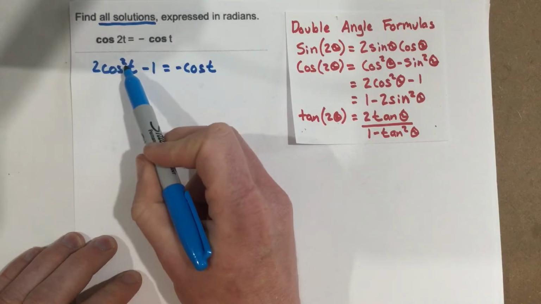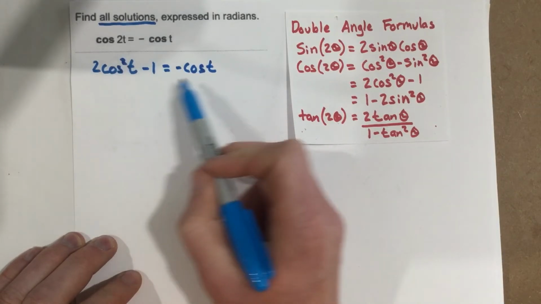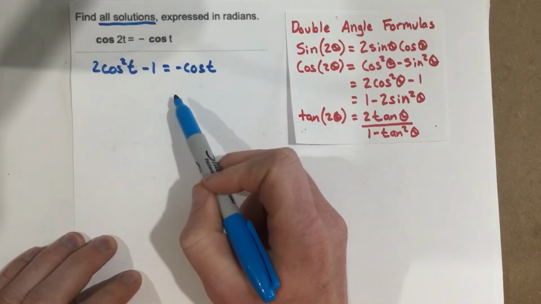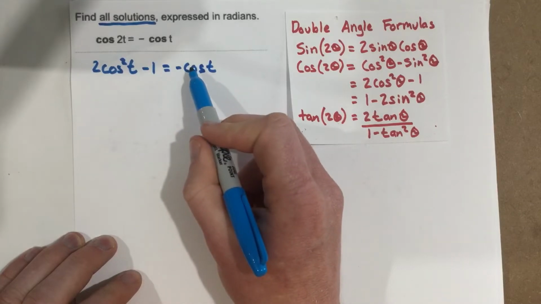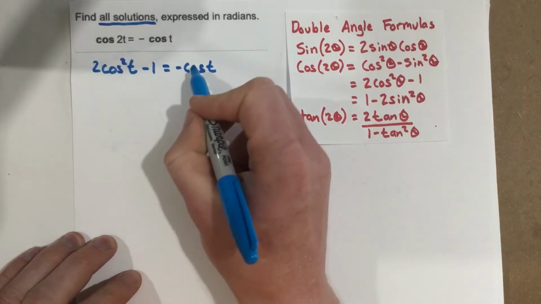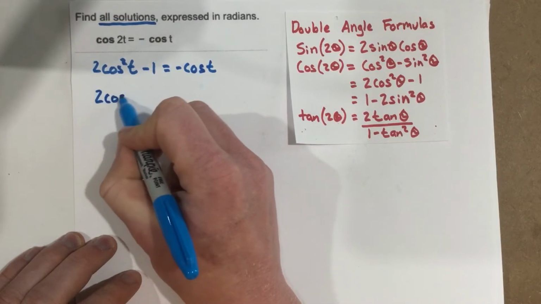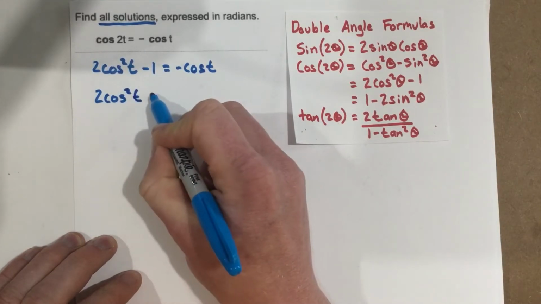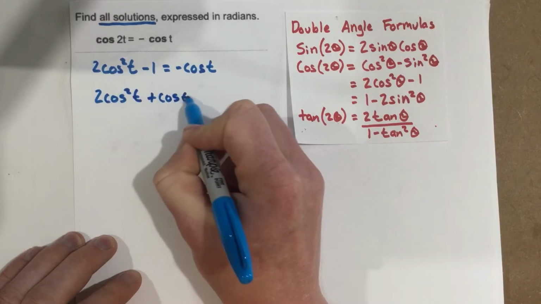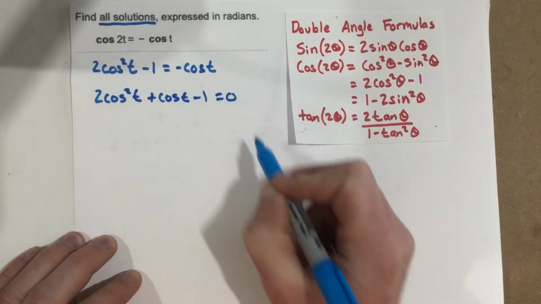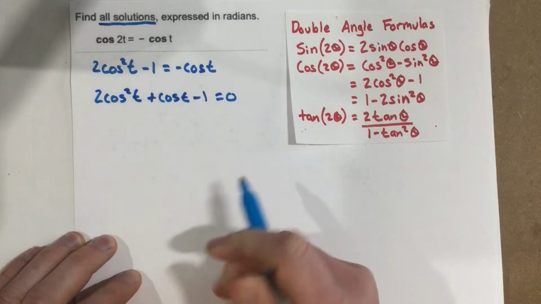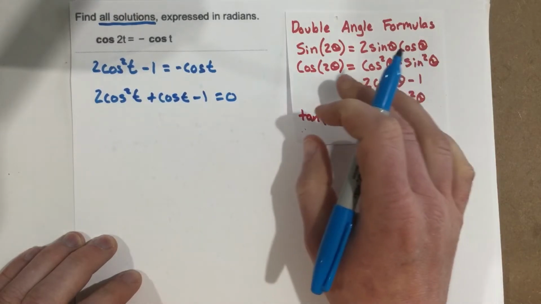Now you'll notice that I have cosine squared and cosine. So I could probably try and set this equal to 0. So I'm going to move this over. It kind of looks like a quadratic. So I'm going to move this over and say 2 cosine squared t plus cosine t minus 1 equals 0. Now if you don't like how this looks, there's a little bit of a trick that you can use.